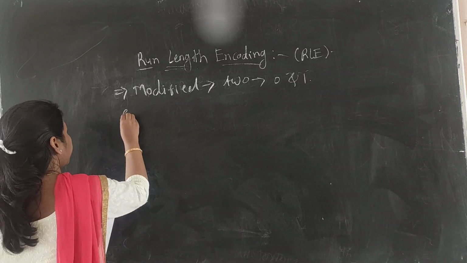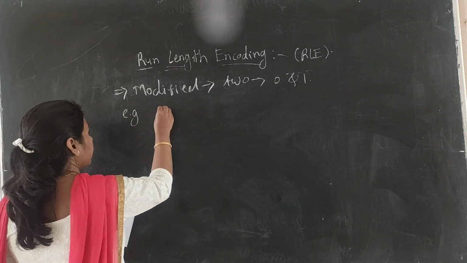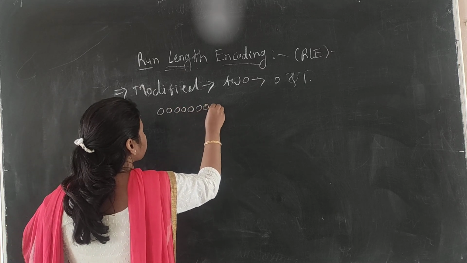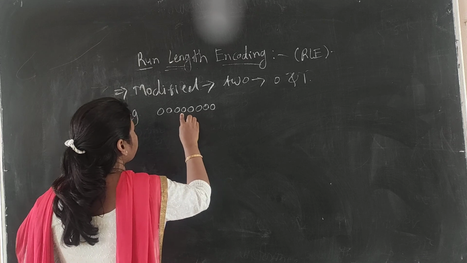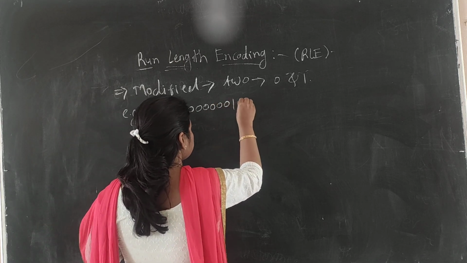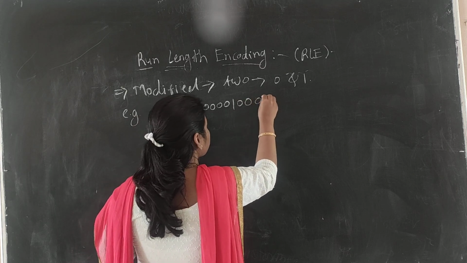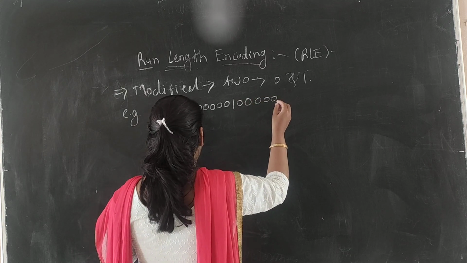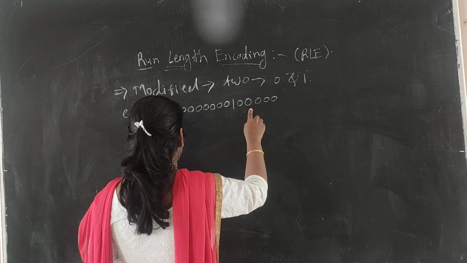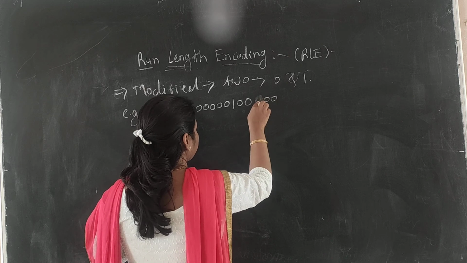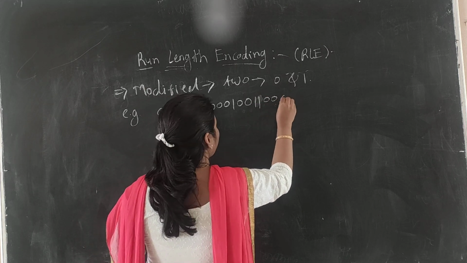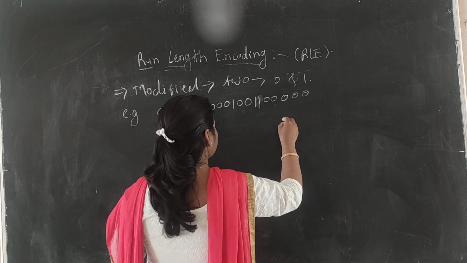For example, we can take a run of only zeros and ones: 1 0 0 0 0 0 1 0 0 1 1 0 0 1 1 1 0.